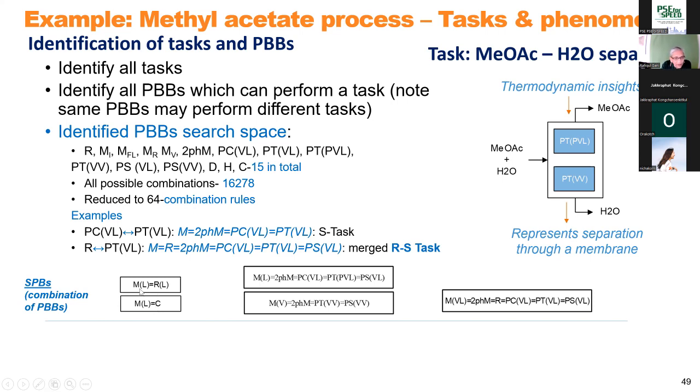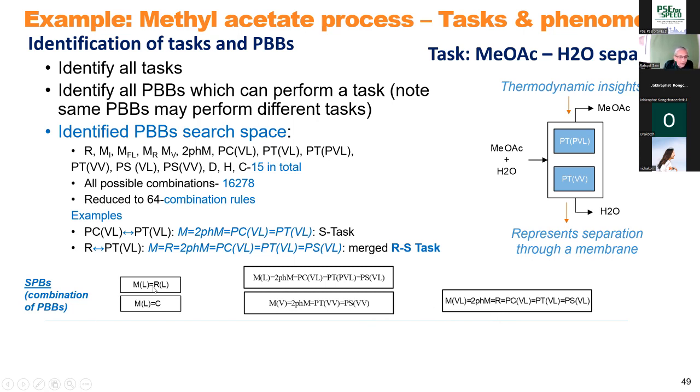Let's mix liquid and do the reaction in liquid. That becomes the liquid phase reactor. Let's make a mixing of the liquid and cooling. That's a mixer. Similarly, we have another kind of separator, like a membrane separator, and we add reaction to have a reaction separation.